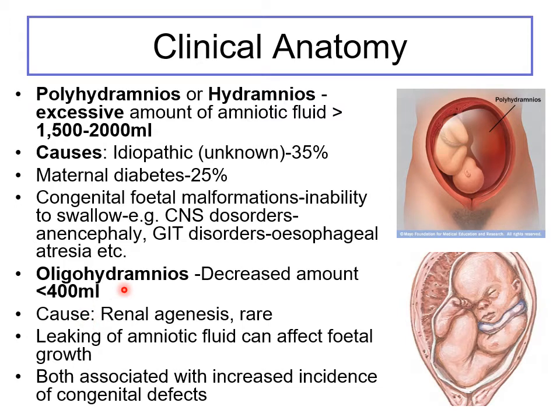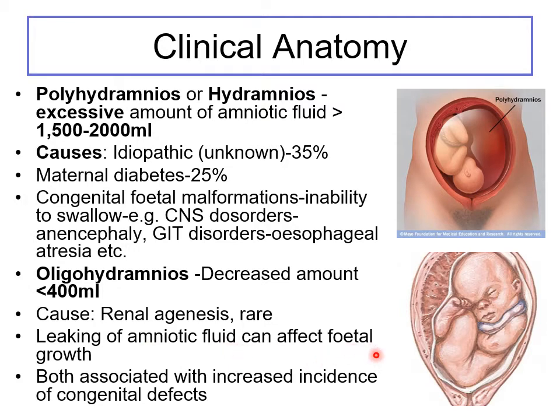Now, when the amount is too little, it's called oligohydramnios, and this is usually considered when it's less than 400 ml for that age. These causes are rarer, but then you suspect some renal anomalies. So obviously, you have to check by ultrasound for renal anomalies in the fetus, or there may be slow leaking of amniotic fluid somewhere.